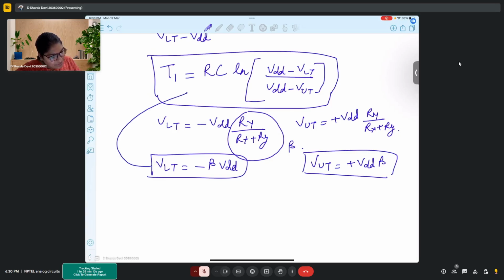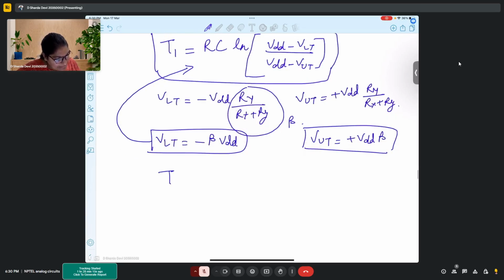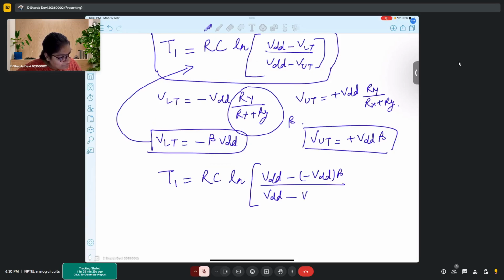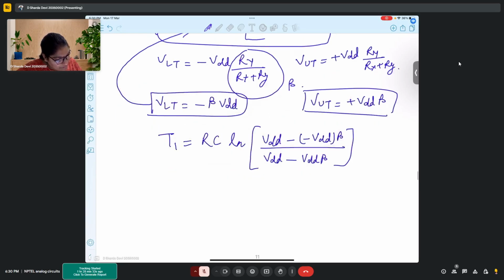So if we substitute it over here, what we get is T1 is RC ln (VDD plus VDD into beta) upon (VDD minus VDD into beta). So T1 becomes RC ln (1 plus beta) upon (1 minus beta).